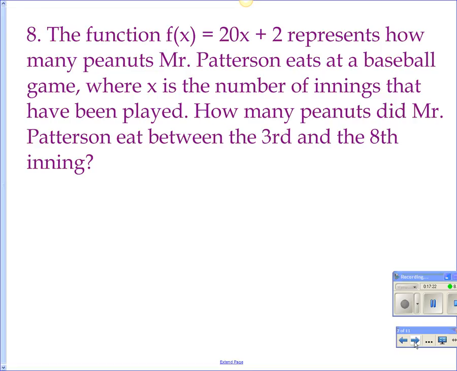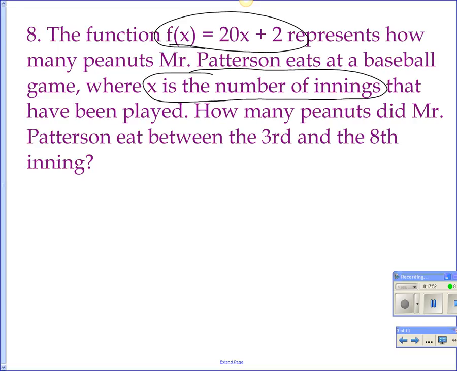All right, Jacob King, what am I circling? Okay, nope, what else? Not that, keep going, something else. X is the number of what? Innings. Good. Okay, Joey, what else gets circled? 3rd and 8th inning. Okay, good.